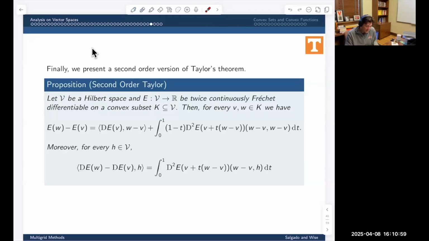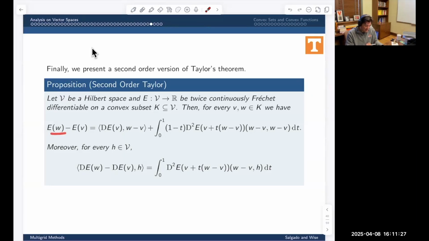We're going to suppose that this is twice continuously Frechet differentiable on a convex set K. Then for every v, w in K, we have this version of Taylor's theorem, which looks like Taylor with an integral remainder. But now the integral remainder is not at the first order like we had previously, but at the second order.